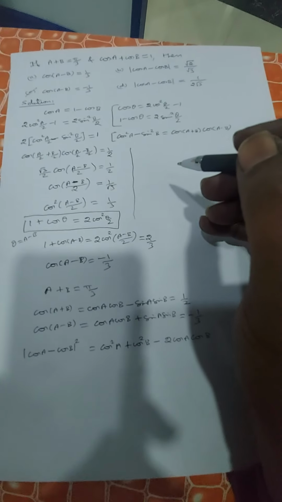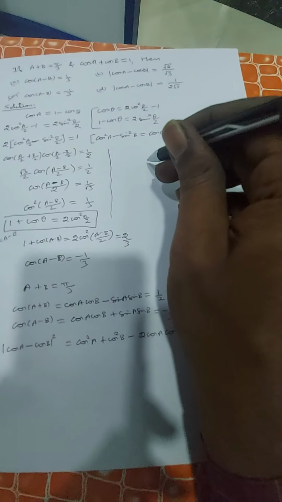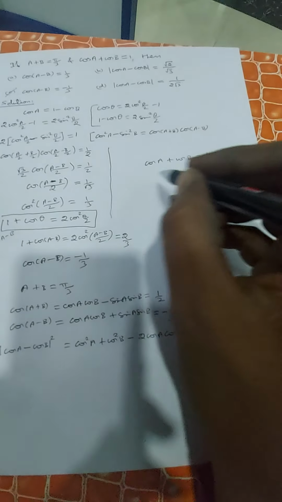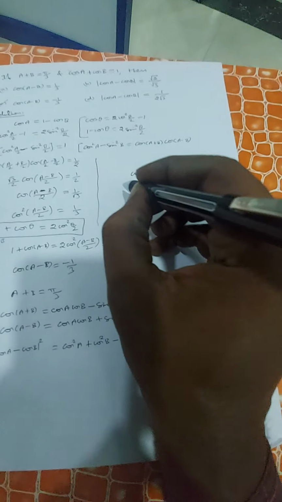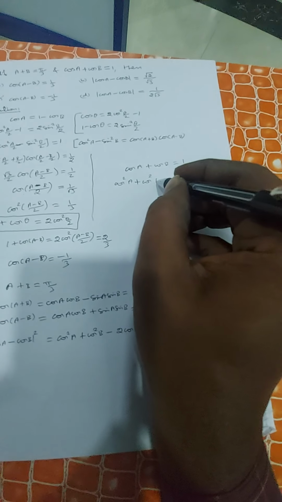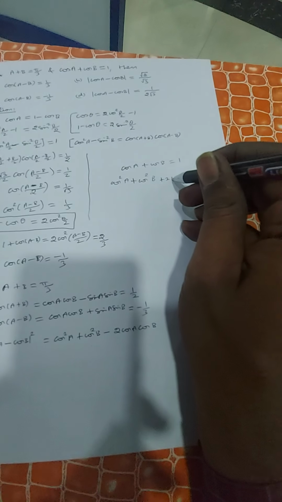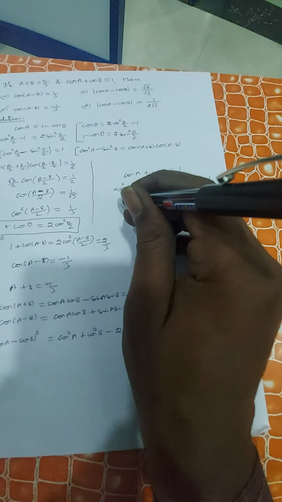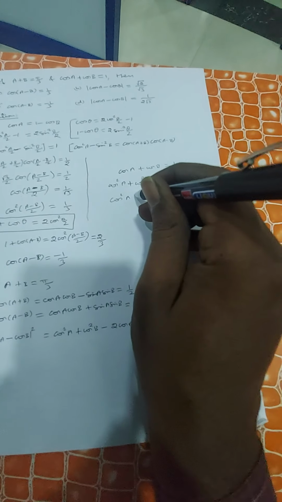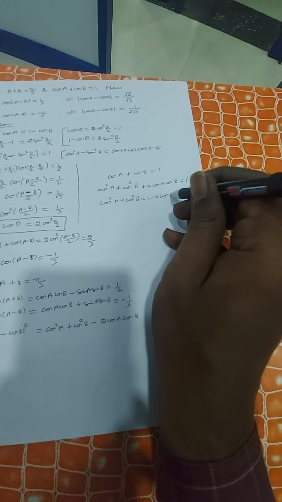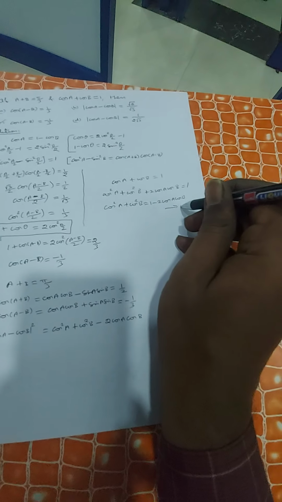So once again I am taking the given equation, cos A plus cos B equal to 1. Square: cos square A plus cos square B plus 2 cos A cos B equal to 1 square, 1. Hence cos square A plus cos square B equal to 1 minus 2 cos A cos B. Call it equation number 1.